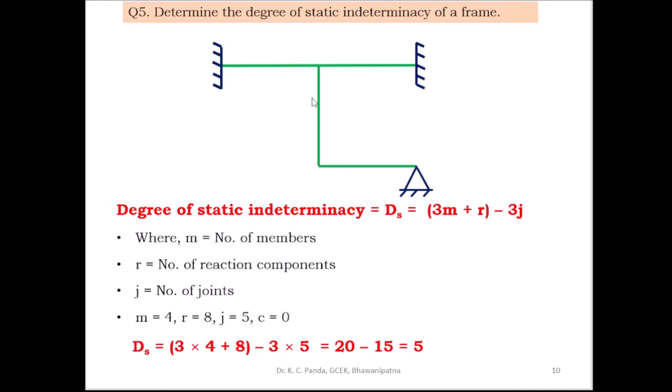And number of reaction components are equal to, here there are 3 reaction components, and here there are 3 reaction components, and here there are 2 reaction components. 3 plus 3 plus 2, 8. R is equal to 8.